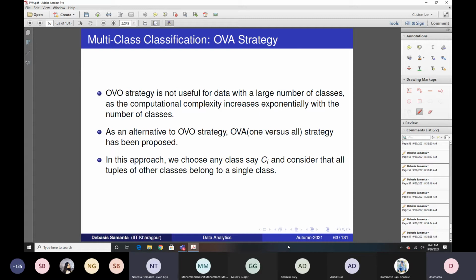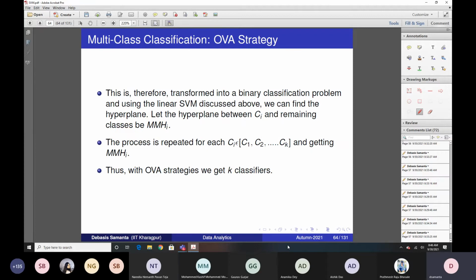So OVO we apply if the k value is 2, 3, 4 or so, and OVA we can apply if the number of classes is beyond 5 or so. Now we have learned about the 5 classifiers. If 5 classes are there, what should be our decision?